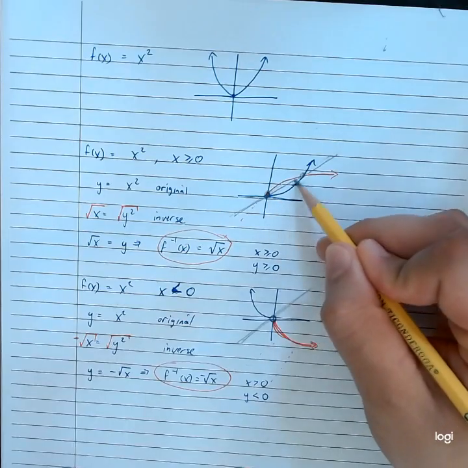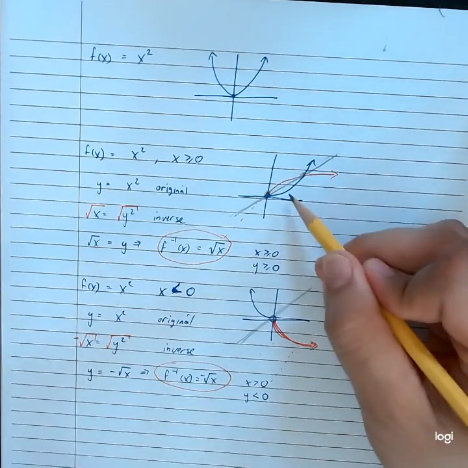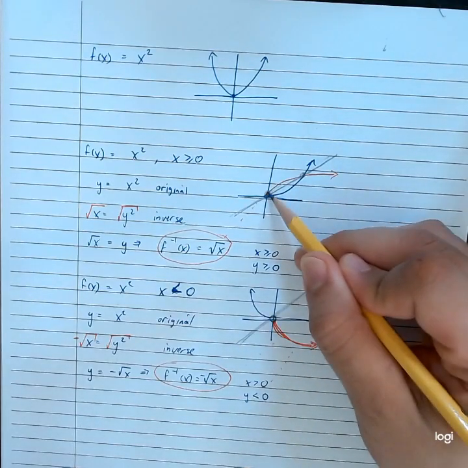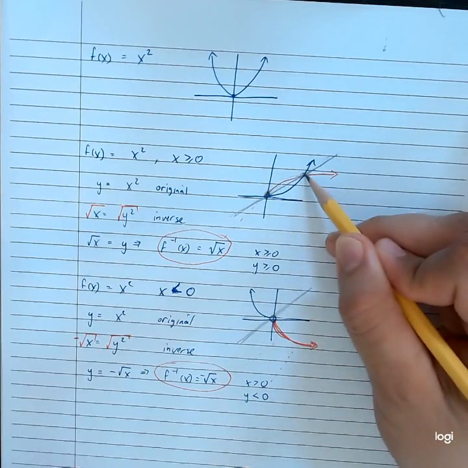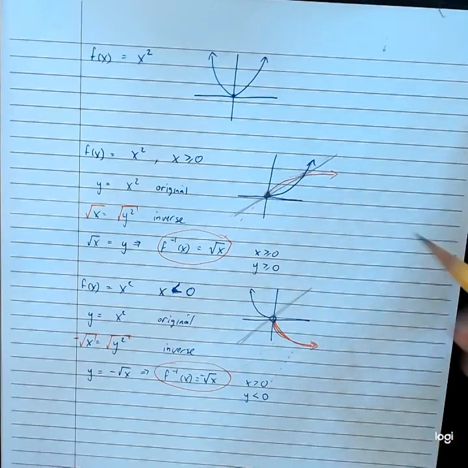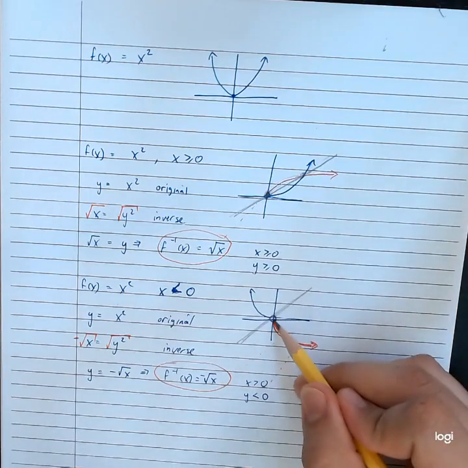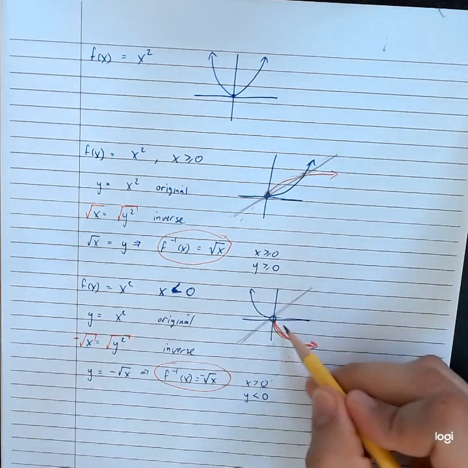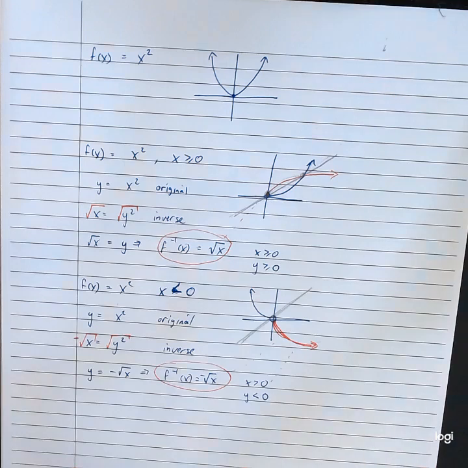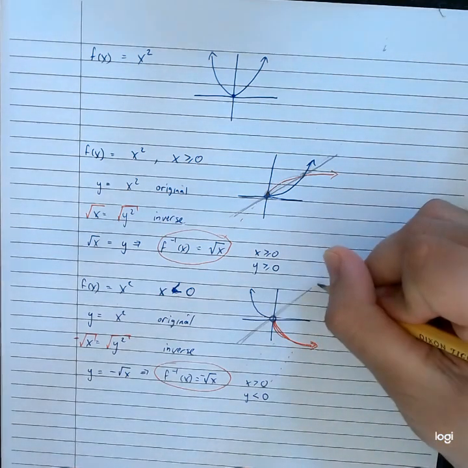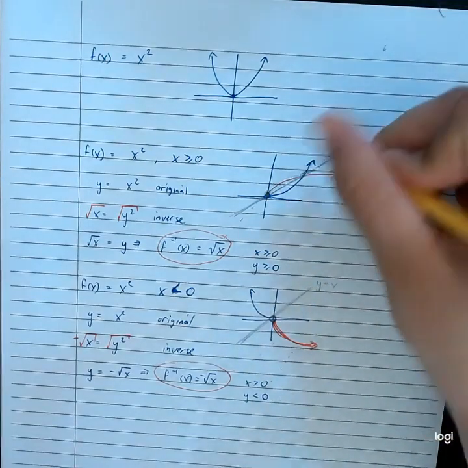But anything that doesn't touch that diagonal line is being reflected. This blue part is being reflected above the line, and this blue part is being reflected below the line. This line acts as a mirror where the original function and the inverse of that function are reflected across that line. Now that line is the line y equals x.